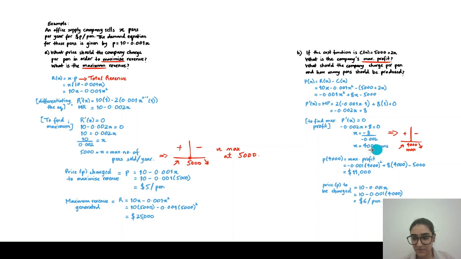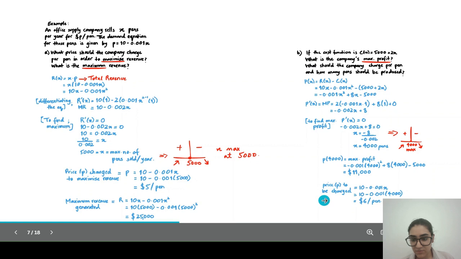Just to make sure that these 4,000 pens is actually the number which produces the maximum profit, asked in the question, a simple derivative test proves that 4,000 is actually the maximum. Inputting 4,000 in our profit equation, we get $11,000 as our profit. So the price P to be charged per pen in order to maximize the profit would be $6 per pen.